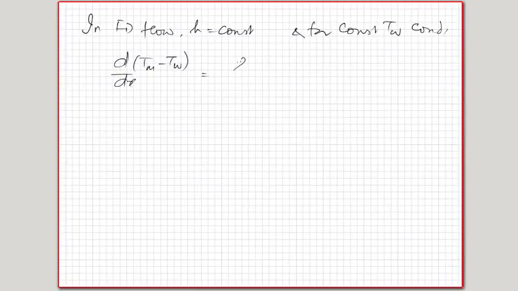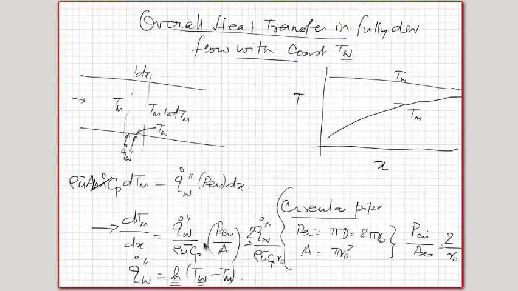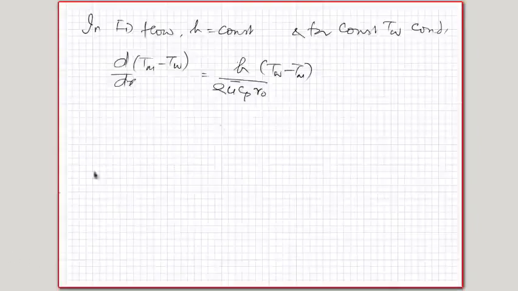This will be equal to H, this is a constant, divided by rho u bar Cp into R naught, and this multiplied by T wall minus T mean. Did I miss anything? There is a 2 there.